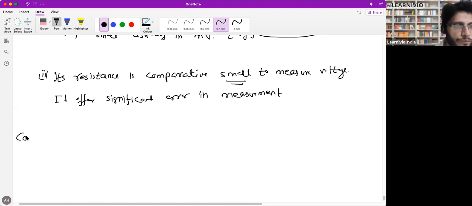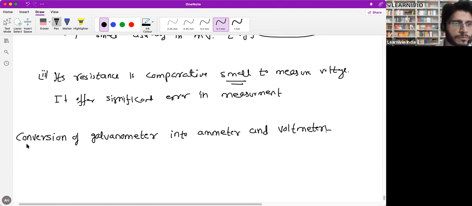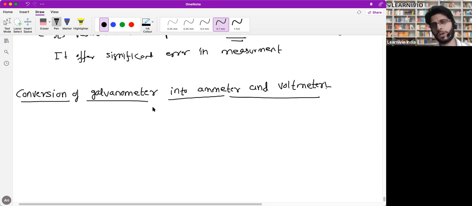The next is conversion of galvanometer into ammeter and voltmeter. Let's see how to convert a galvanometer into an ammeter and how to convert a galvanometer into a voltmeter.